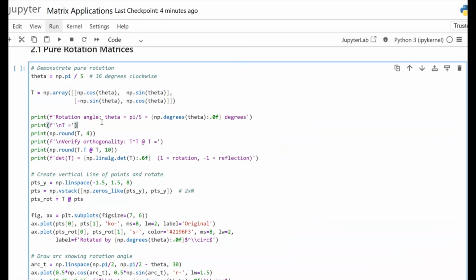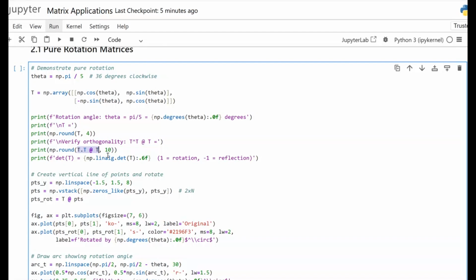Here it shows the exact numerical verification of the property, that is orthogonality. Let me verify the orthogonality property using the exact equation we have already discussed: matrix T transpose multiplied by T is equal to identity.